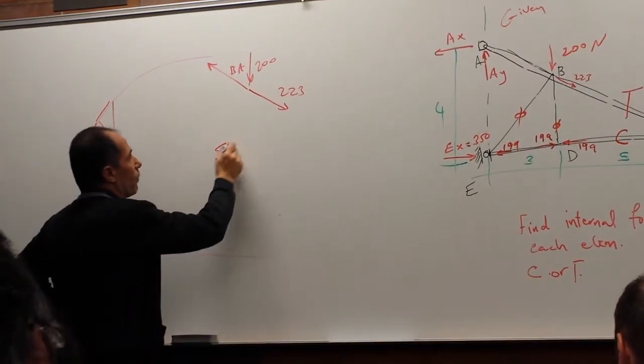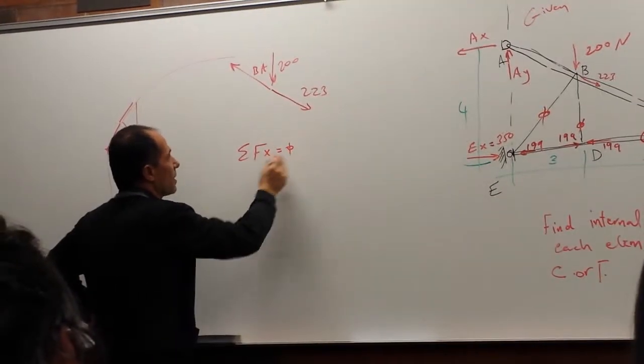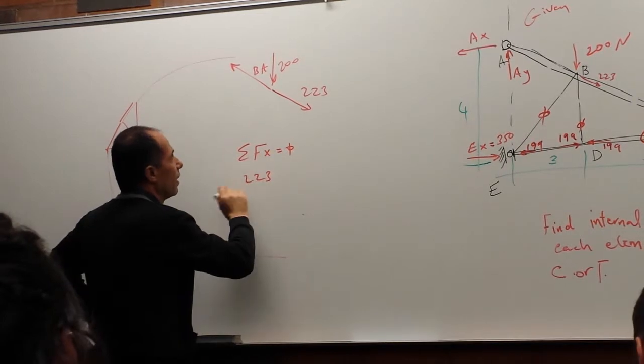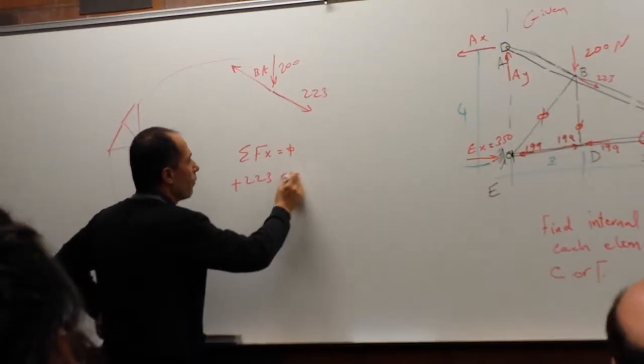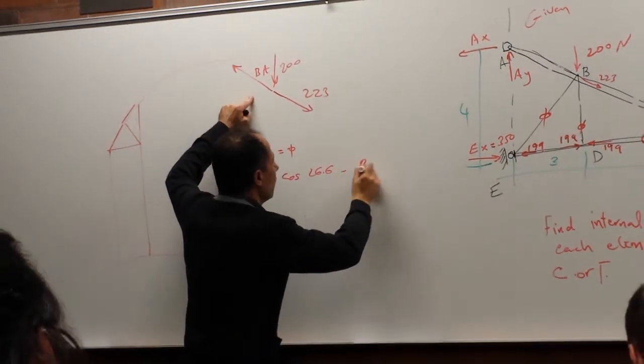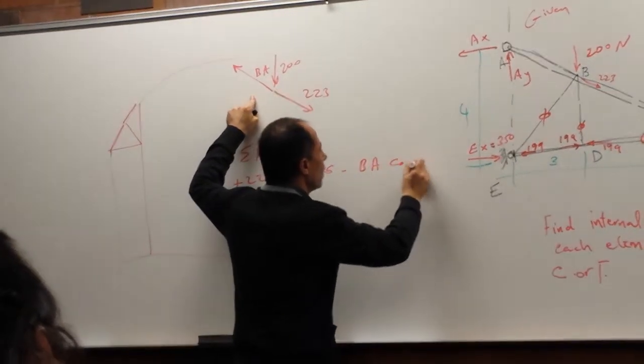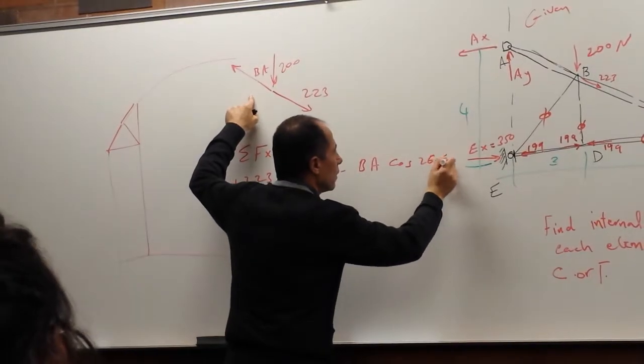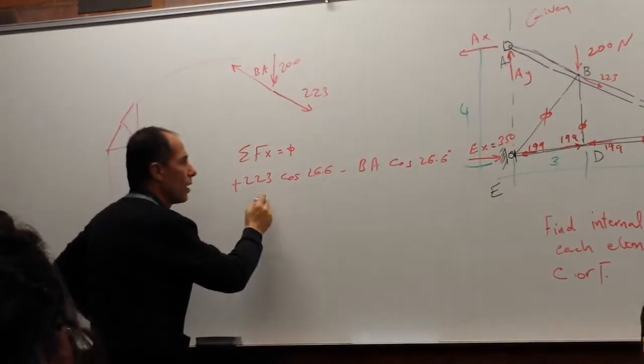Sum of forces on X equals 0. 223 cosine of alpha is positive, negative BE cosine of alpha. That's all.